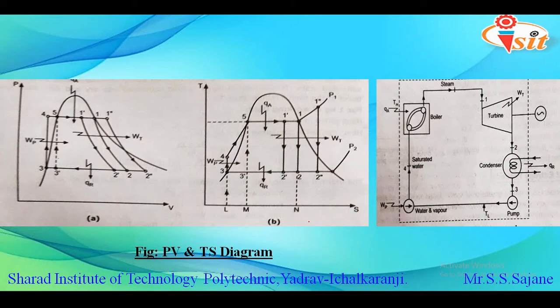We will also refer to the previous steam power plant diagram so that we can understand easily how to draw the PV and TS diagram. So basically in this Rankine cycle, in case of PV and TS diagram, we can consider a total of 5 processes, and we will start with our first process, that is we will be starting with the steam turbine.